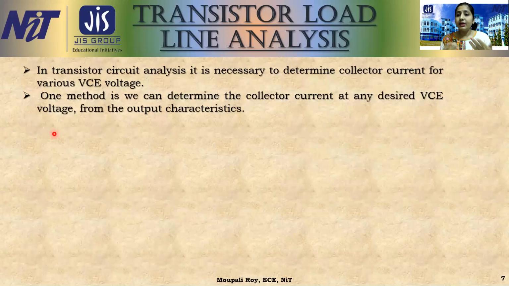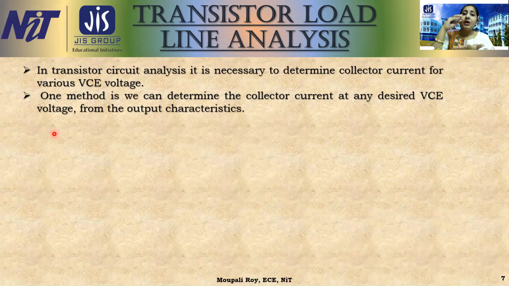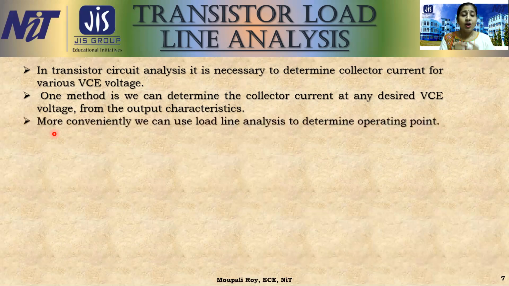Obviously, we get it from the output characteristics, because from the input characteristics we do not get the output current or output voltage. More conveniently, we can use load line analysis to determine the operating point.